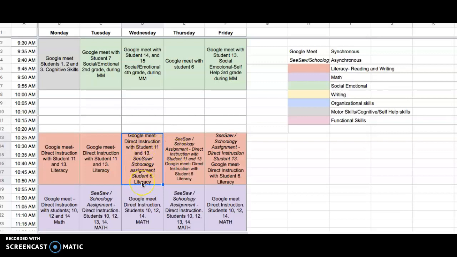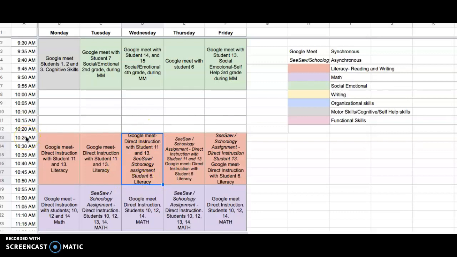At the same time, we are going to be assigning Schoology or Seesaw asynchronous assignments. They will count as part of their minutes, but they are not going to be in this specific time. They can do them whenever they want.